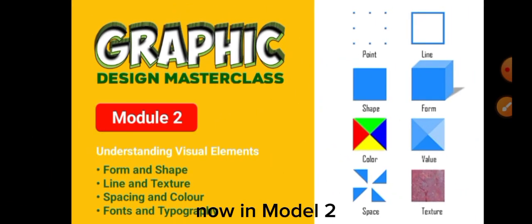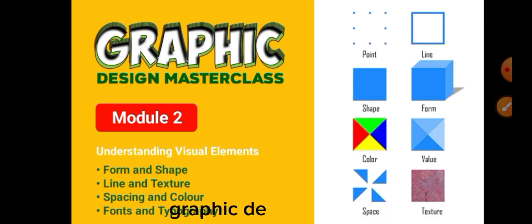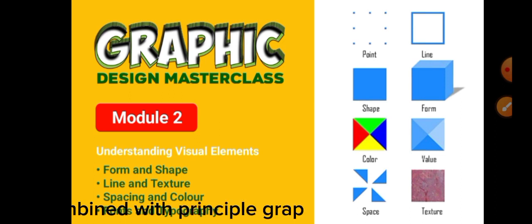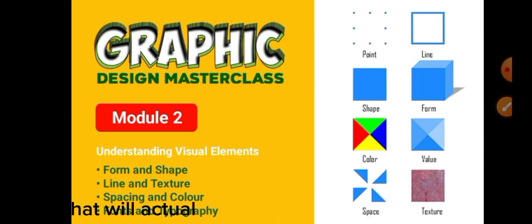Now in Module 2, you are going to be learning understanding visual elements. This is a very, very important aspect of graphic design. As a matter of fact, graphic design is just how you use visual elements combined with principles of graphic design to create a visually appealing message that will elicit the reactions that are expected from your viewer.